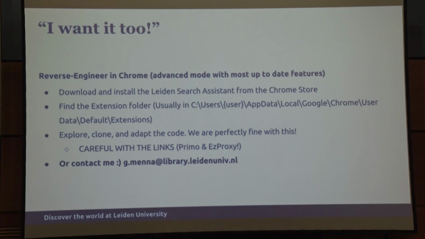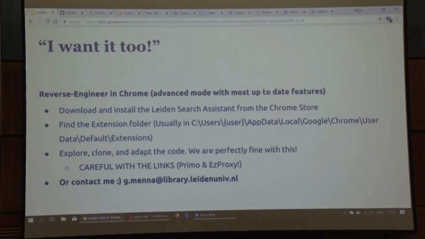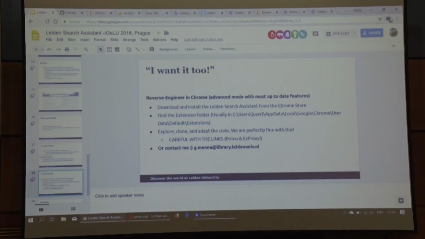We would be honored if you would do this, but be careful with the code, because that's code that is developed for us. So EasyProxy points to our EasyProxy, points to our catalog, to our Google Analytics.